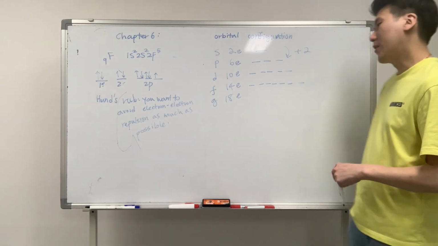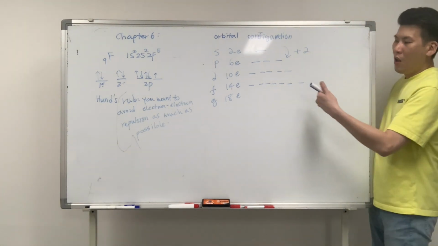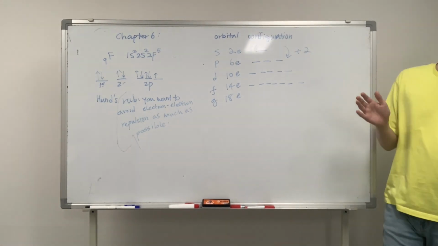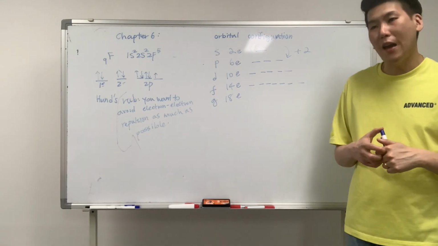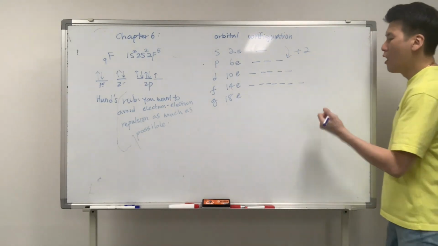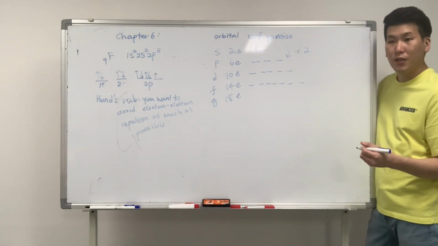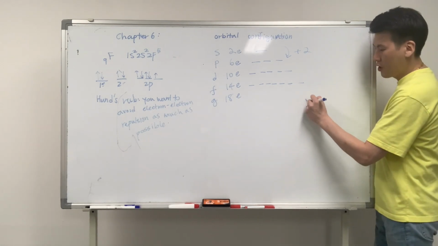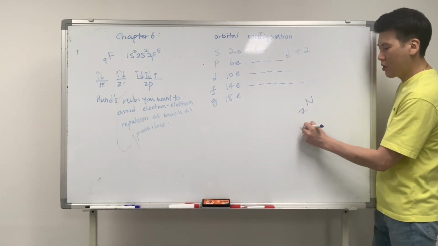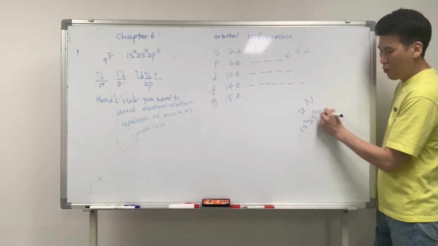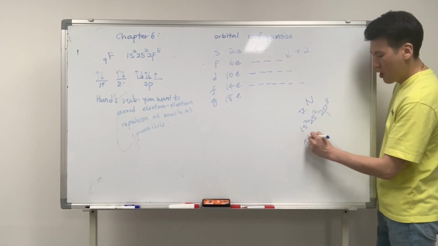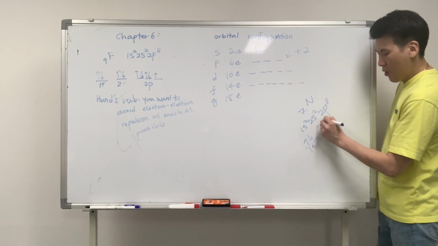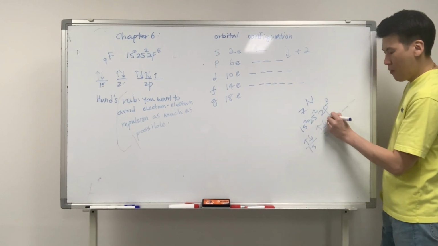Right? So how about this? Fully filled is the most stable, we said. The next most stable is half filled. Let me explain why. So this example is nitrogen. Nitrogen has 7 electrons. It's 1s2, 2s2, 2p3. Orbital configuration: 1s up down, 2s up down, 2p up, up, up.